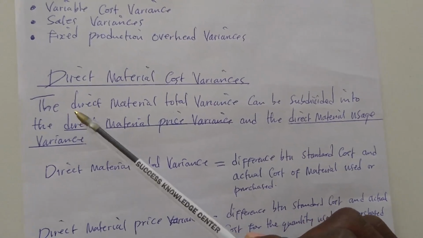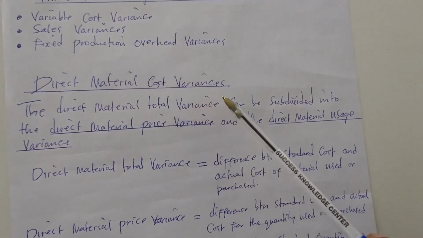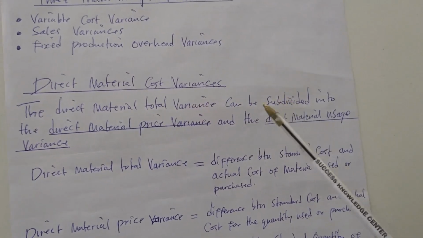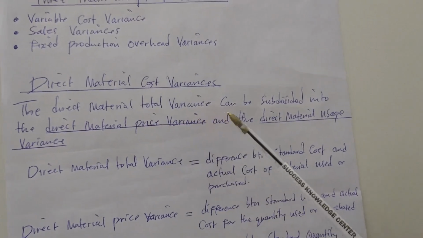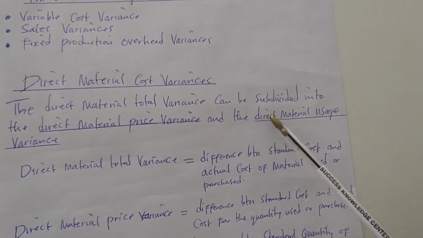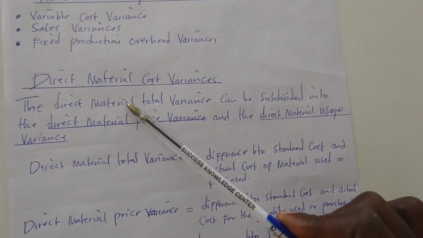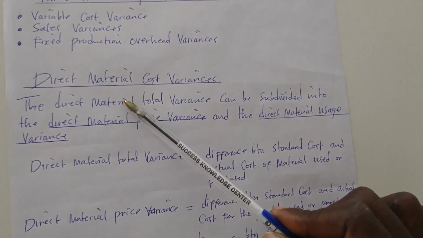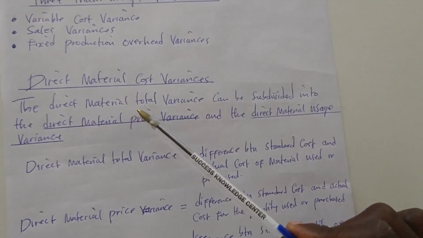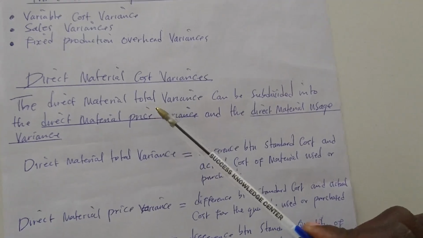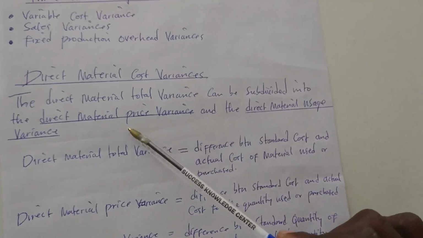It says the direct material total variance can be subdivided into the direct material price variance and the direct material usage variance. So the keyword here is the material variance, but there's an element of material price variance and the material usage variance.